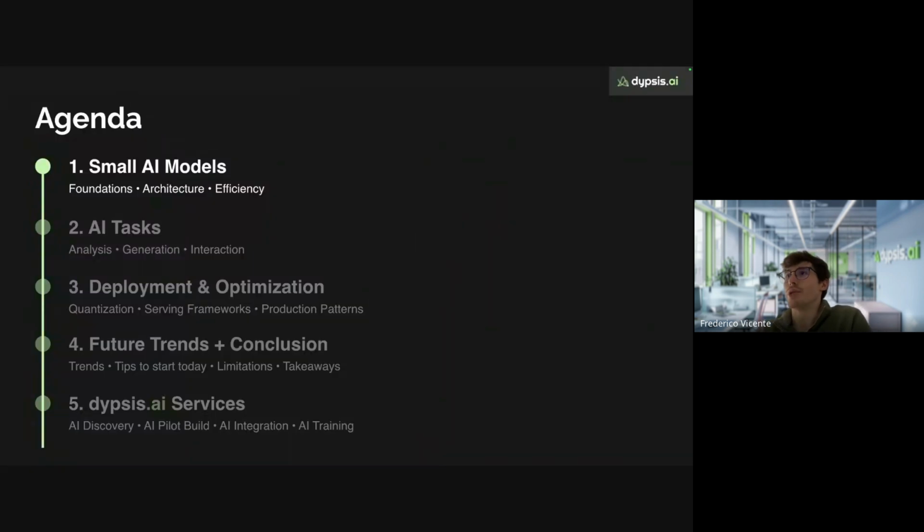So the agenda for today. First, we are going to talk briefly about what exactly small AI models are. Then we will talk more specifically about some AI tasks. Then move on to the theme of optimization and deployment of these models, and then we will briefly talk about current and future trends, and conclude.